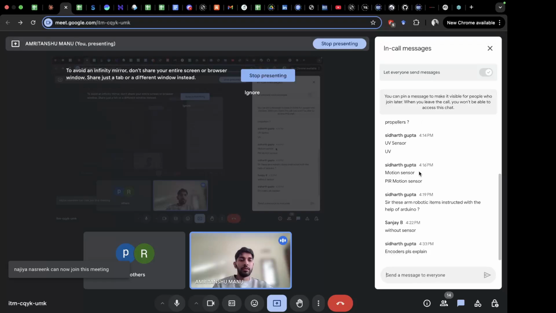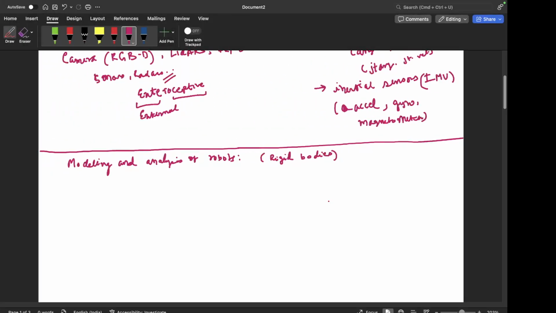Oh, Siddharth, I missed your question. Yes, Siddharth, you can use an Arduino to control a robotic arm. Encoders, yeah, encoders are basically devices which calculate the amount of rotation that has happened, right?